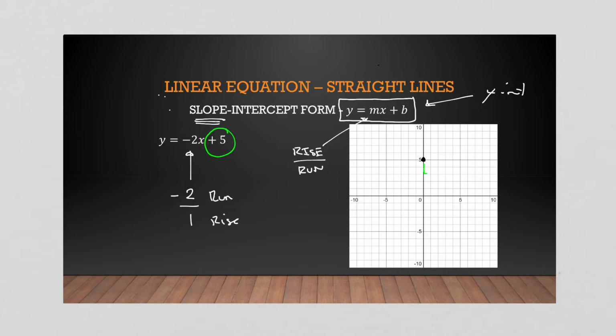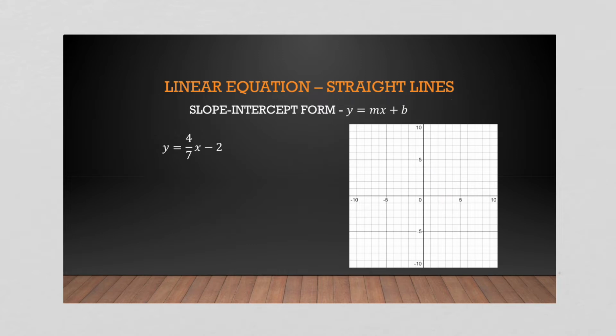Down 2 over 1, down 2 over 1, down 2 over 1. We essentially create a staircase, and at each step is your next point, and then we just connect the dots. There is my straight line that represents the equation -2x plus 5.